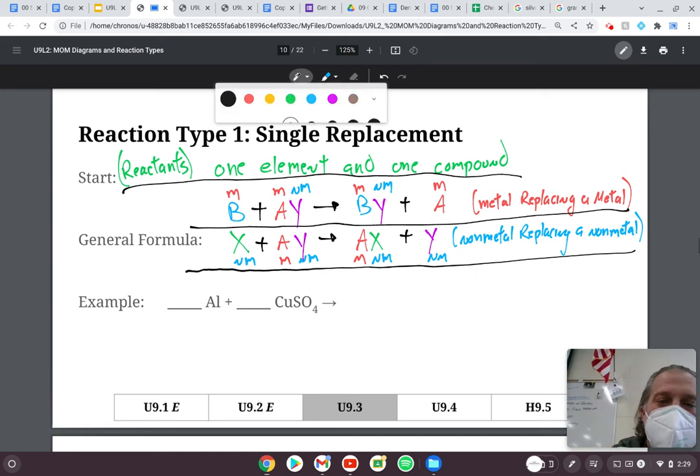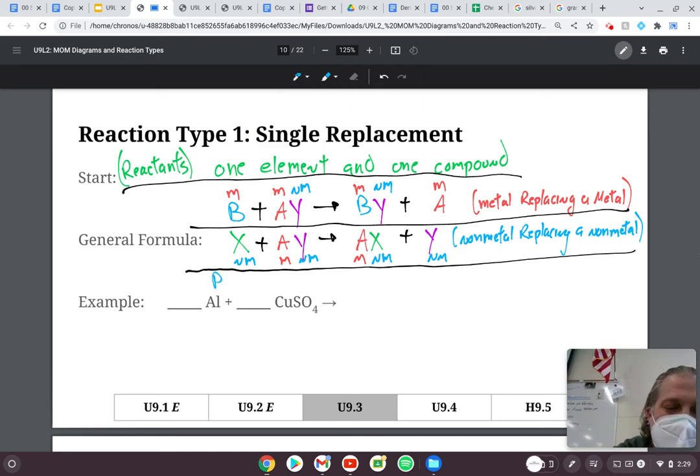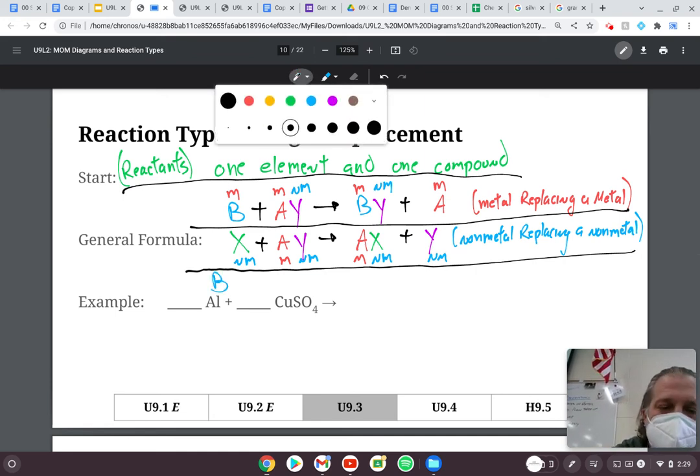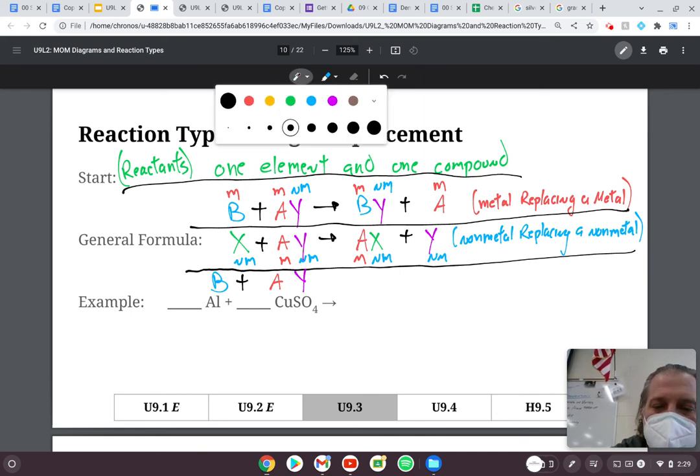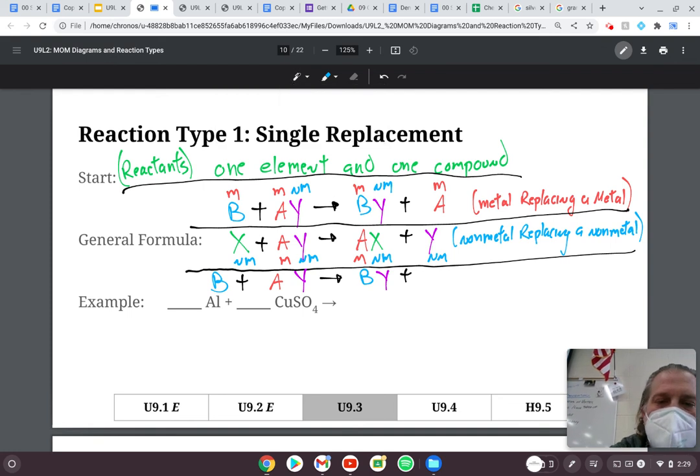So it's going to be a reaction that looks a little something like this. B plus AY reacts to form BY plus A.